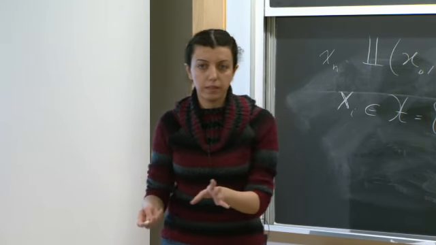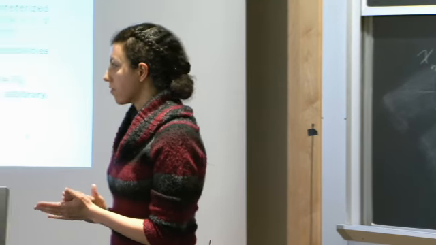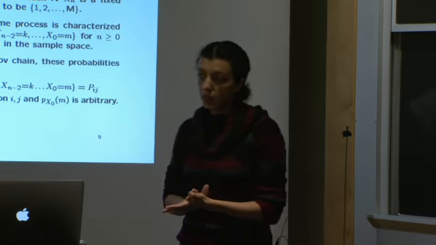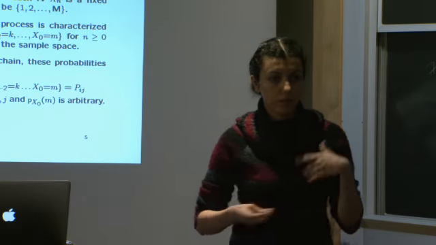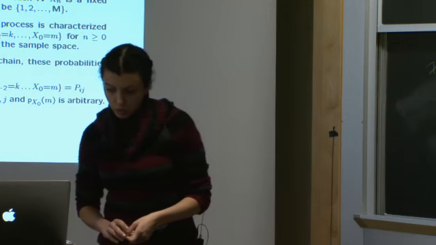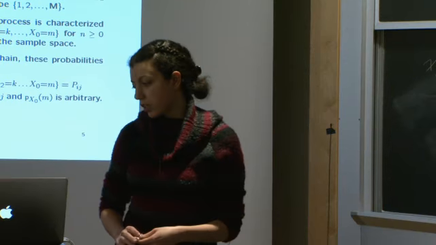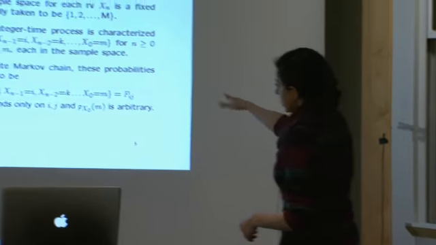That's why we call them homogeneous Markov chains. We can have non-homogeneous Markov chains, but there are not many nice results about them. We cannot find many good things. All the information that we need to characterize a Markov chain is this kind of distribution.